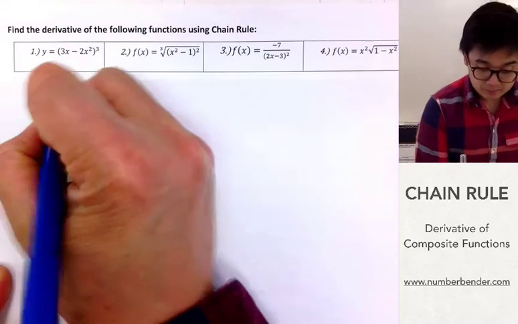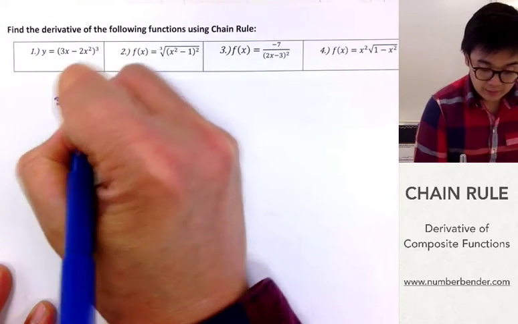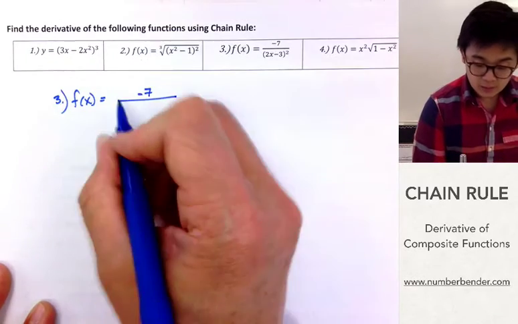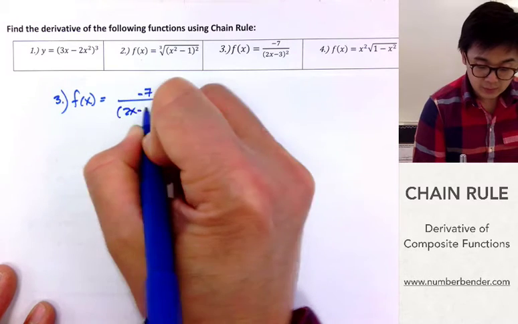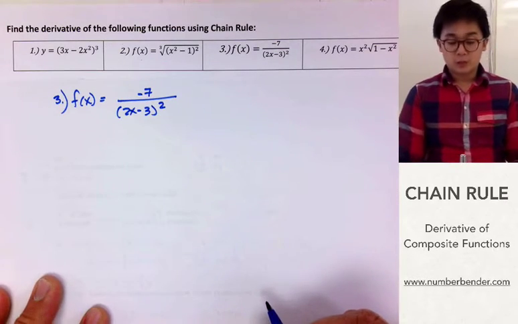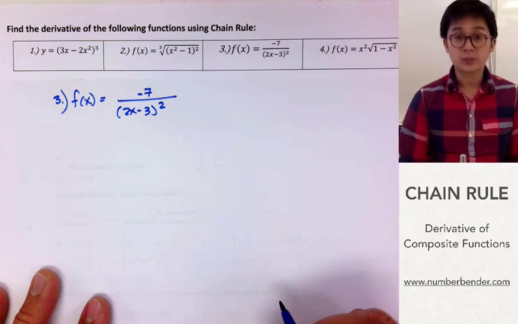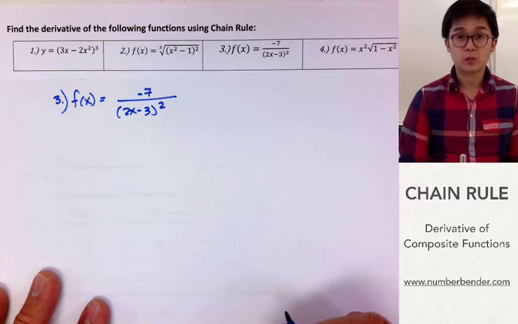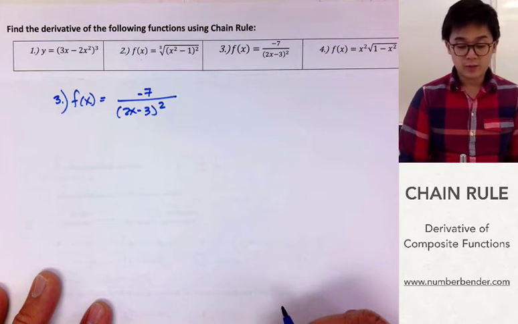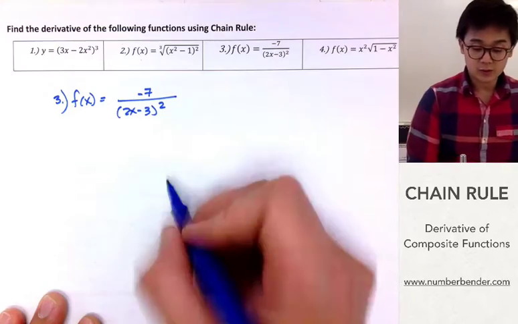So number 3, we have f of x is equal to negative 7 all over (2x minus 3) squared. Now we can have two options in how to answer this problem. We can use the quotient rule, or we can modify the function so that we can just use the power rule to find the derivative of this rational function.